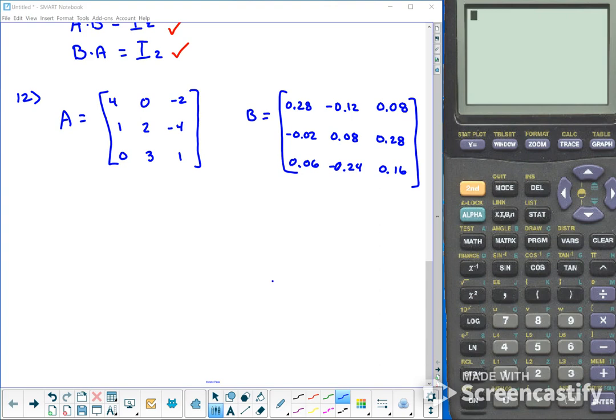Quit out of there. And again, I'm just going to pull up matrix A times matrix B. And that does work. As crazy as these numbers look, they do work. So A times B is going to equal the identity matrix like you see on my screen.